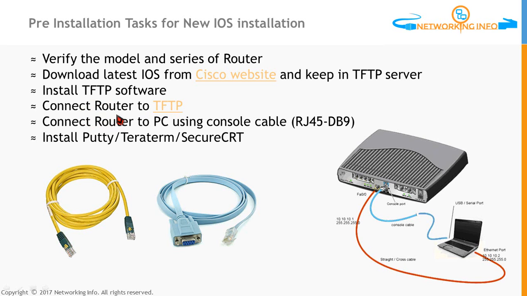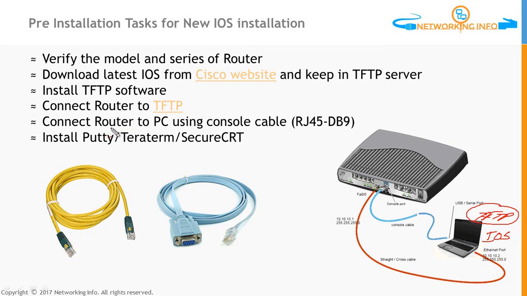Then connect the router to the TFTP server. For example, this is my TFTP server, and I can use this machine as a TFTP device and download the operating system from this location. So download the OS and keep it in the TFTP server.